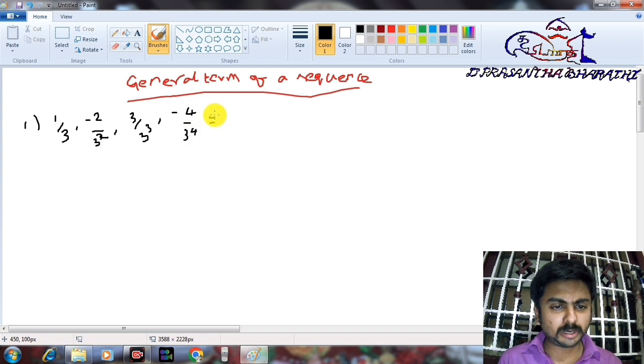So if we are not considering these minus signs, the numerators are nothing but 1, 2, 3 and 4. So definitely the nth term will have n.